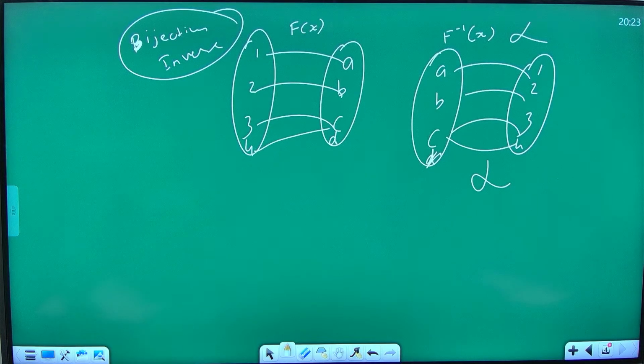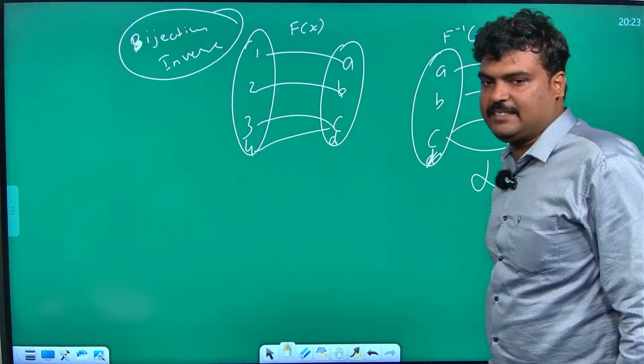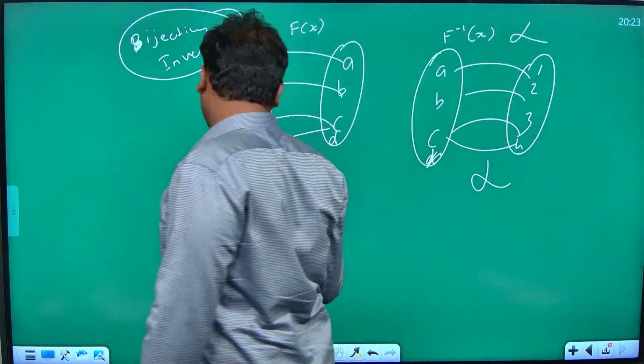For the function, if inverse is available, then the function is called as invertible function.